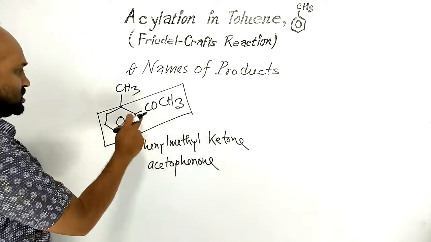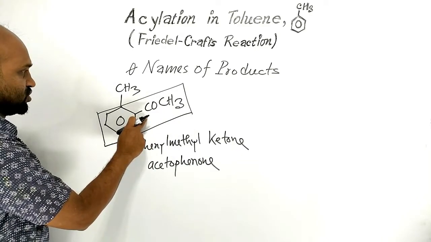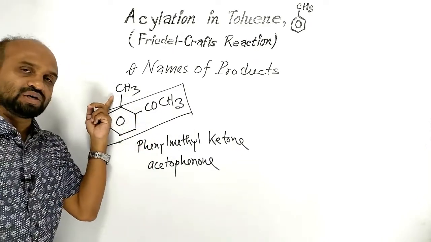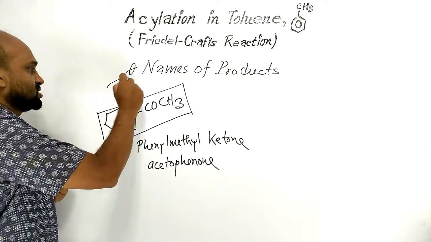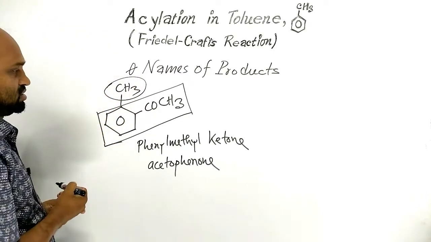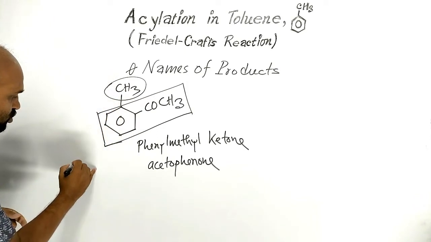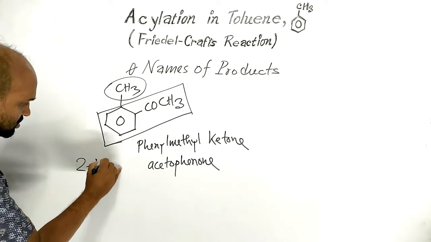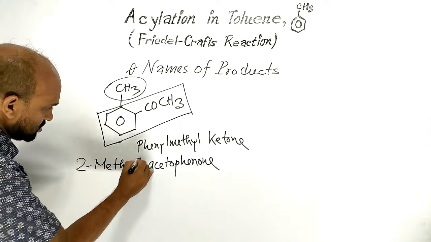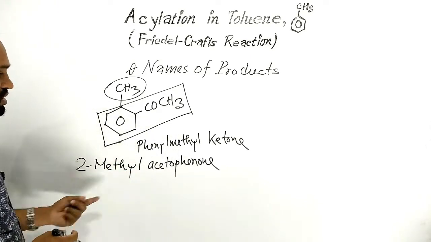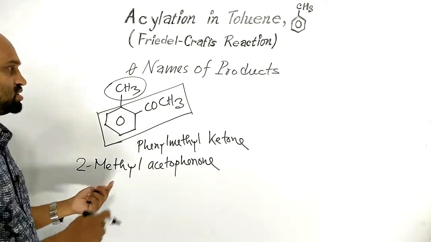If this is acetophenone, and methyl group is considered substituent, then its name will be 2-methyl acetophenone. Single word.